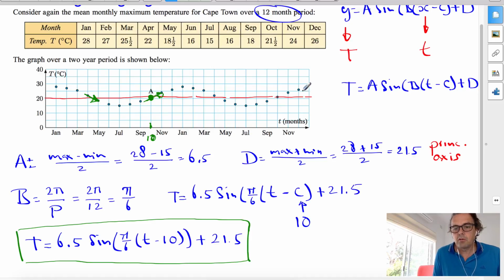And it will allow us to predict data in the future, or even predict it in the past, which is not really predicting, is it? So there you go, modeling with data. In the next video I will show you how to find this formula using your calculator, which is so much easier.